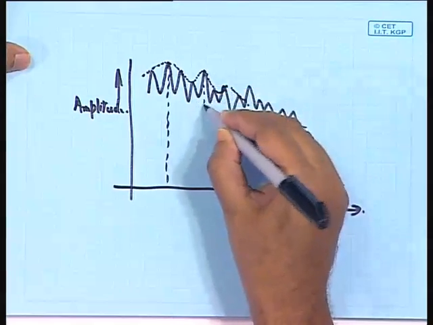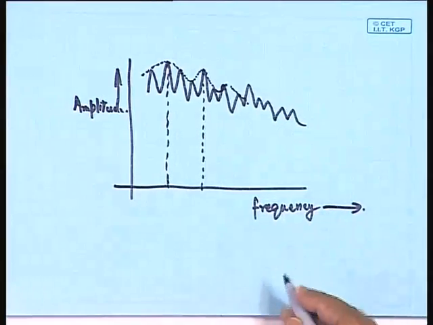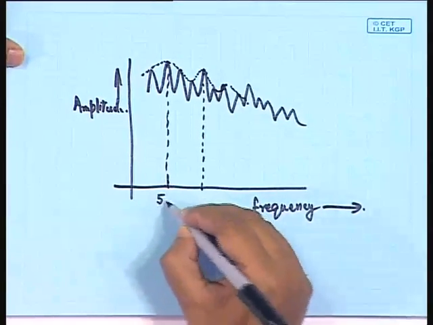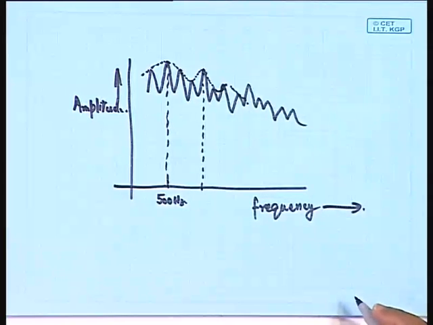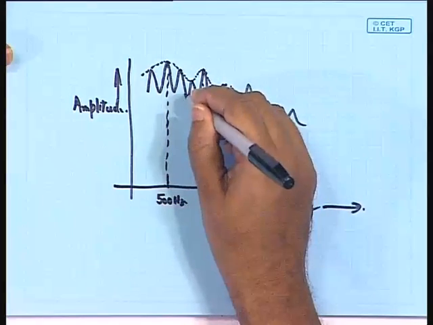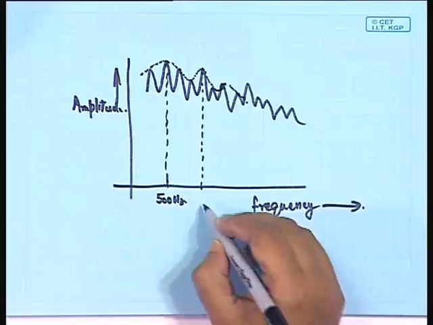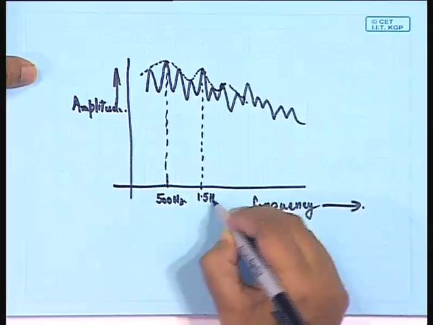There is again another peak over here. You may observe that this peak is occurring at 500 hertz. Of course, I did not draw according to the scale, so please excuse me for any confusion that it might create, but I suppose you can get the idea behind it.